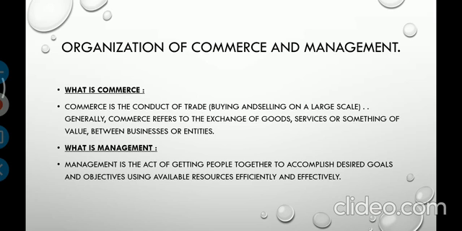What is management? Management is the act of getting people together to accomplish desired goals and objectives using available resources efficiently and effectively. Basically, management is a way of doing things. Management is a way of managing things, of arranging things. Management is an art. It is an art of getting things done through and with people. If I am able to get something done from you, then I am a person who knows how to manage things.